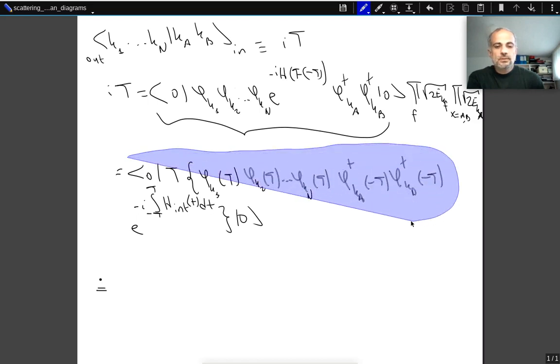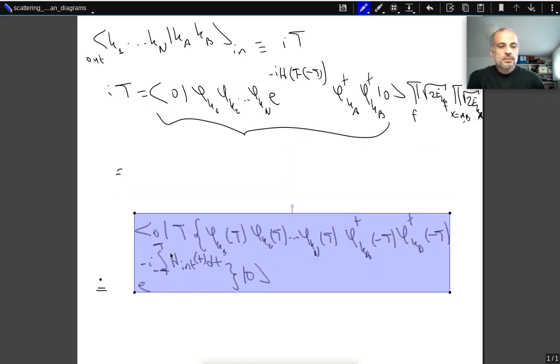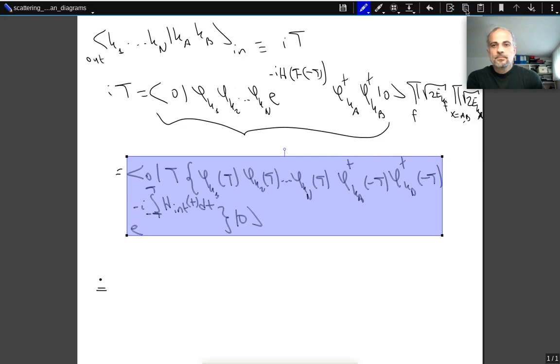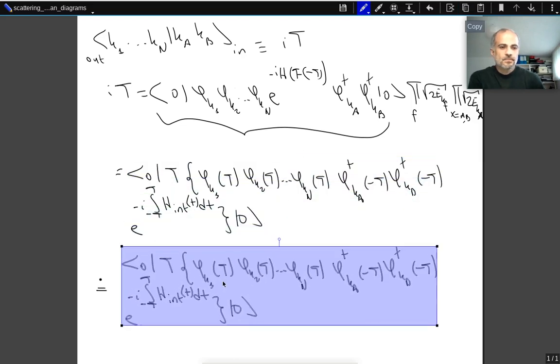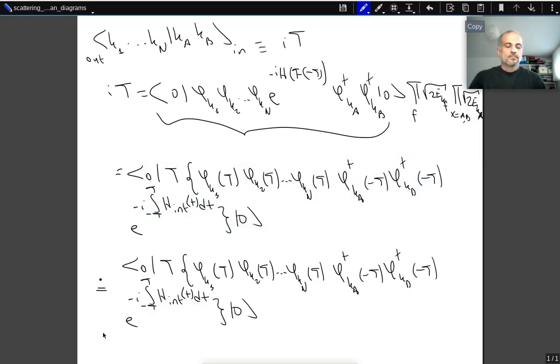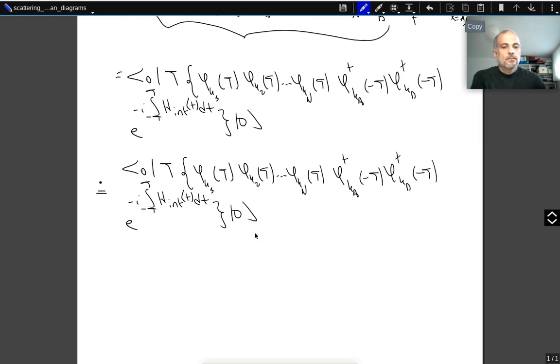So we have all this term. I will just divide this term by the matrix element of the time-ordered exponential.